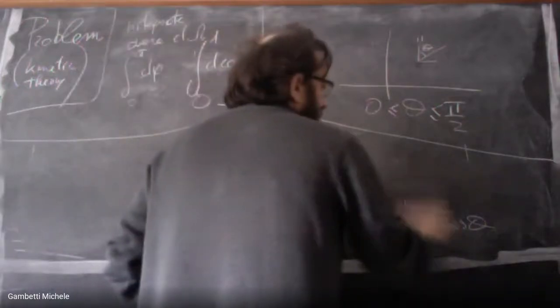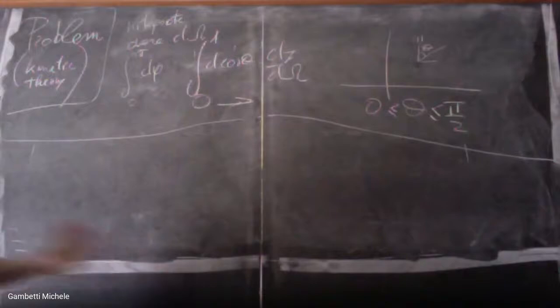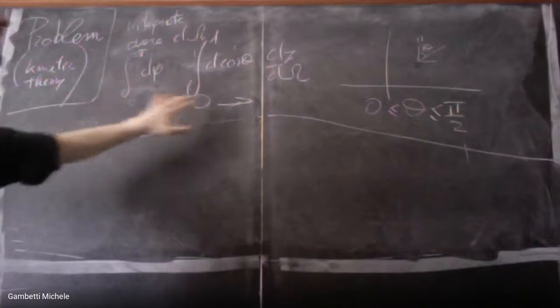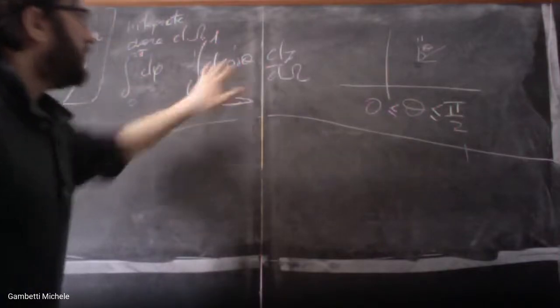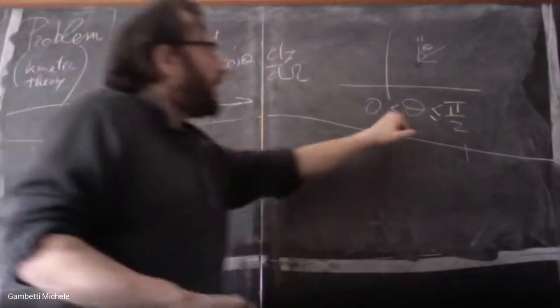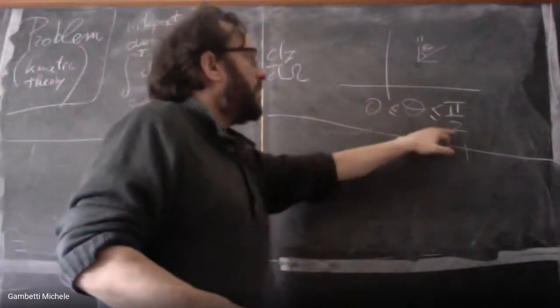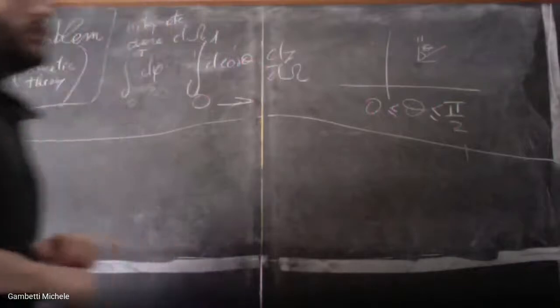We just need to be careful when we integrate over the solid angle. Instead of putting 4π, we have to put 2π, which is this integral here, and we have to compute carefully this integral, in the sense that θ varies between 0 and π half, and not 0 and π.